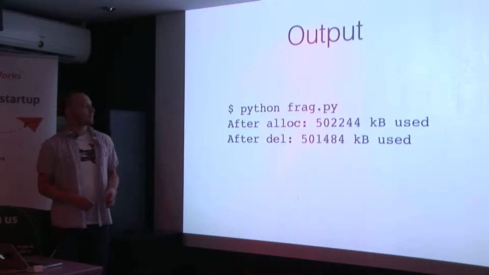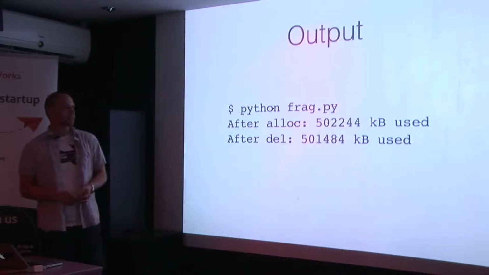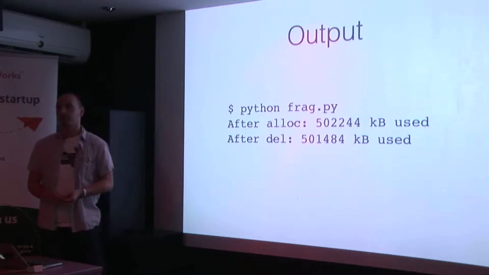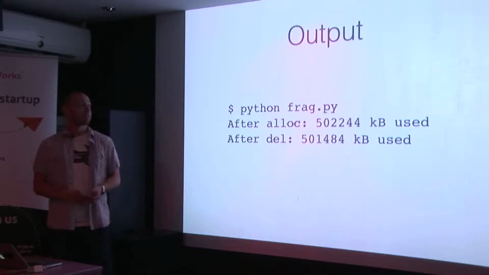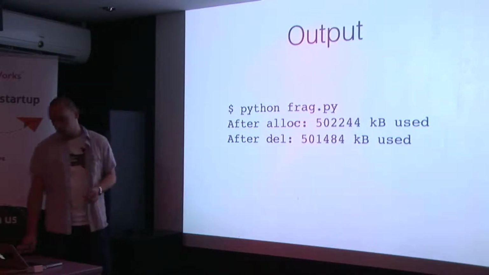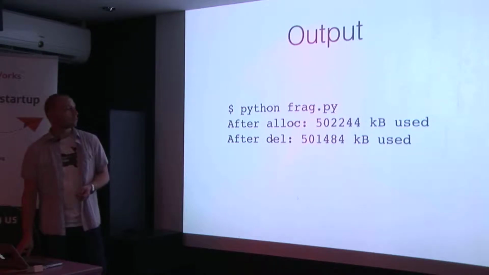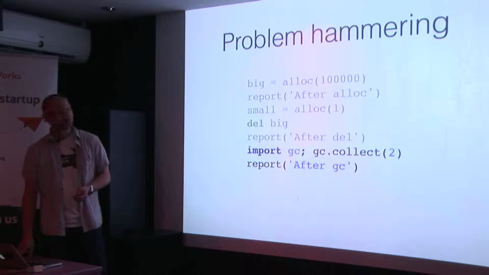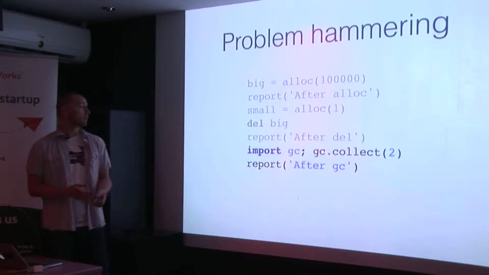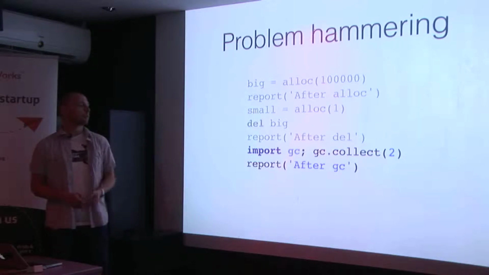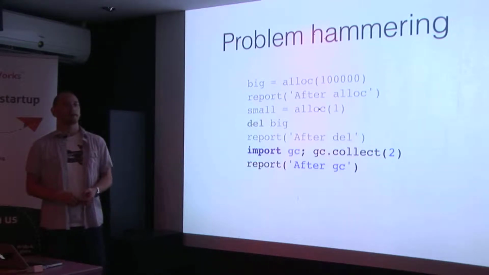So at this point, I was thinking, well, maybe my list is somehow magically creating reference cycles. So I decided to knock the problem on its head with a hammer. I imported gc and called gc.collect. The number 2 here is the last number I've tried.